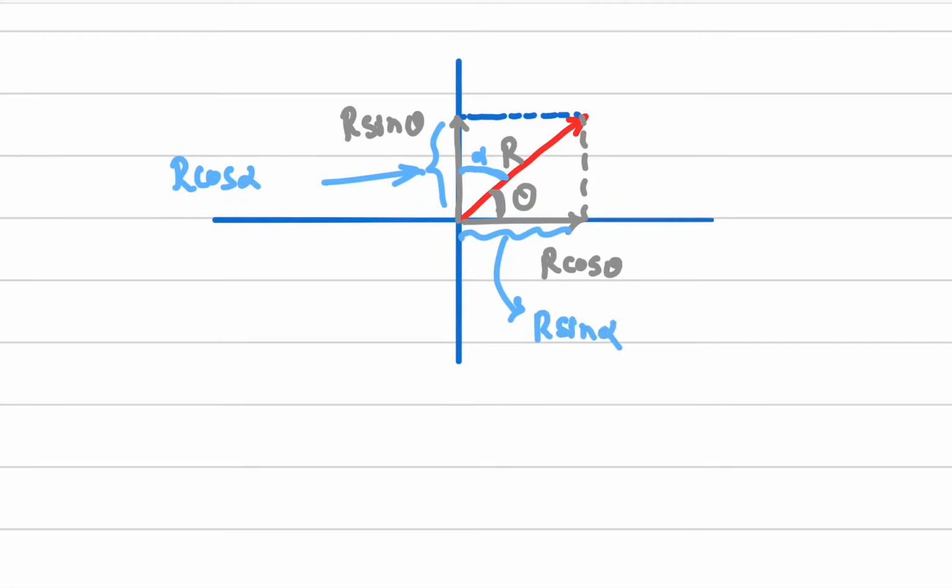So it just depends on which angle is given. Again, let me repeat this. If this is r, and this angle is theta, then this component will be r cosine theta, and this will be r sine theta. If the angle with respect to the y-axis is given, which is alpha, then this component will be r cosine alpha, and this component will be r sine alpha.